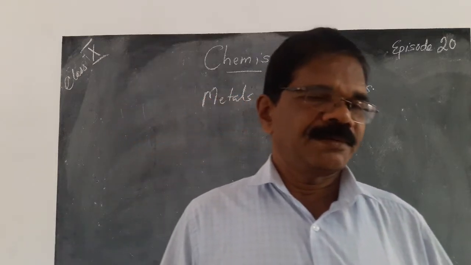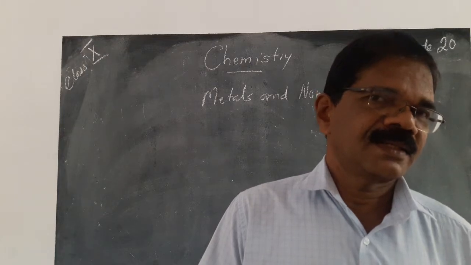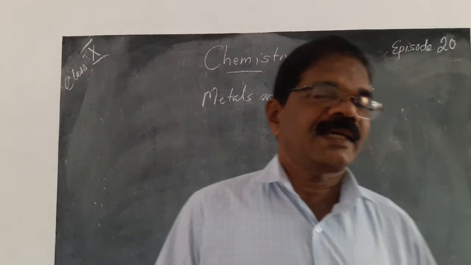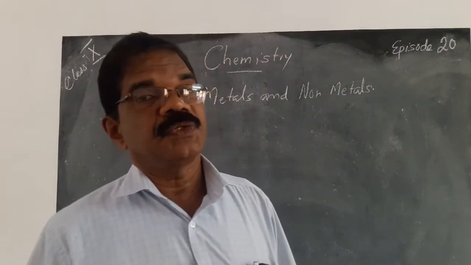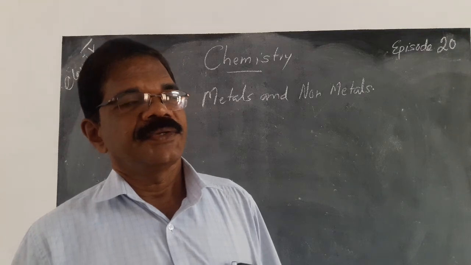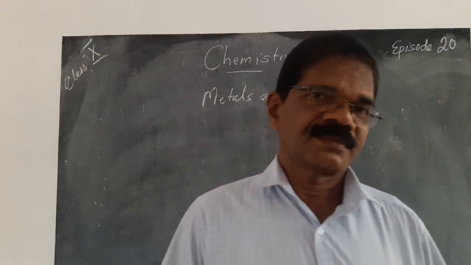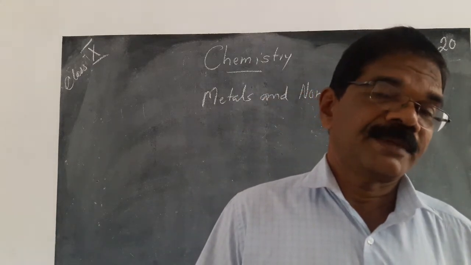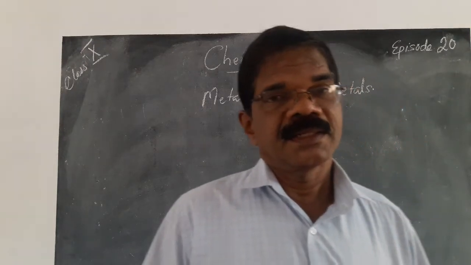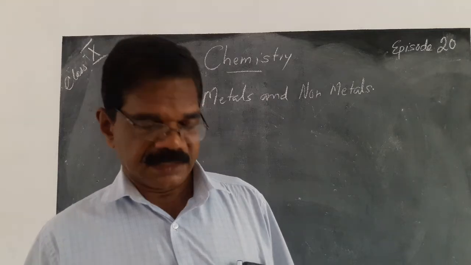While studying the periodic table, we have seen that the elements are generally classified into three: metals, non-metals, and metalloids. There are several classifications based on their properties and physical nature.